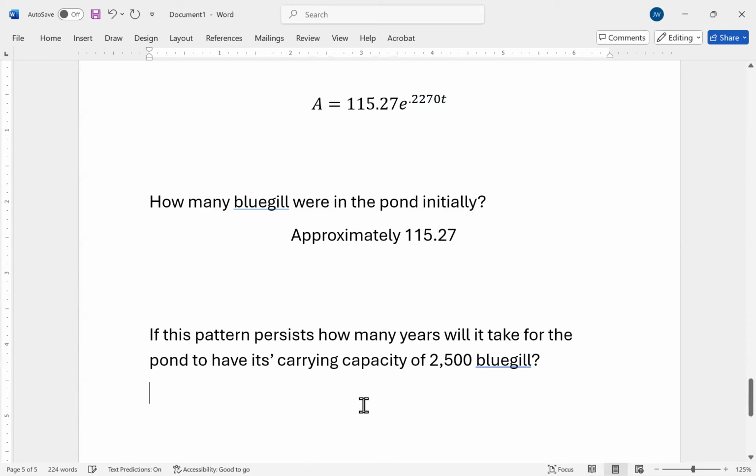If this pattern persists, how long will it take to reach 2,500 bluegill? That's saying the amount we have at the end is 2,500.